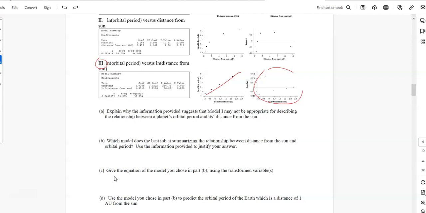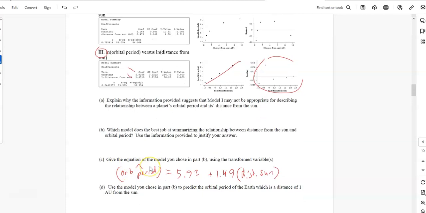Okay, so the predicted orbital period equals, if I can read that right, 5.92 plus 1.49 times x, which is the distance from the sun. So that would be your equation. It'd be fine to write it that way.